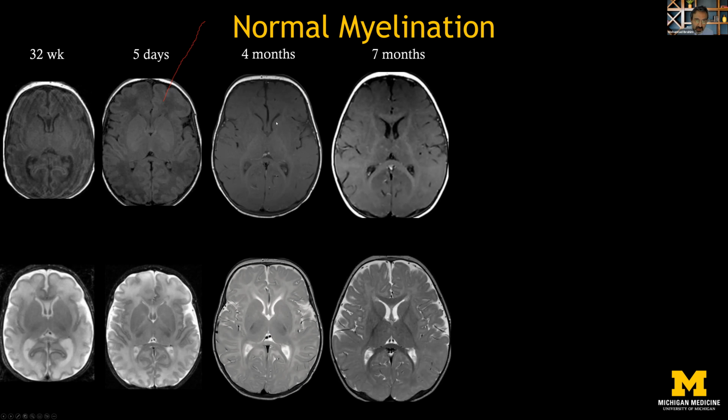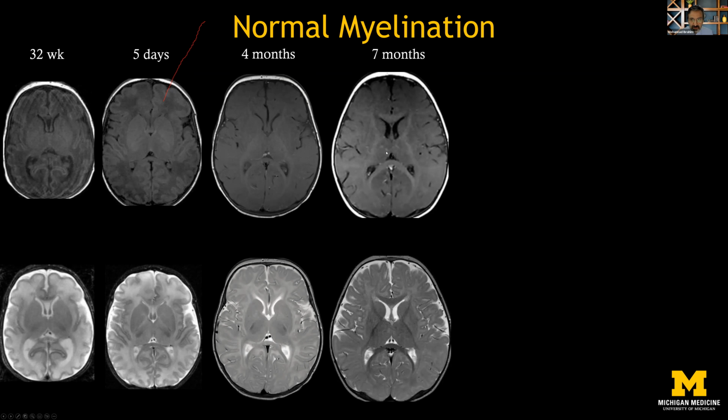Again, as I mentioned, the myelination on T2 lags approximately 3 to 4 months compared to the T1 weighted images. So you can see on the T2 there's still a lot of bright signal related to unmyelinated white matter, compared to the T1 weighted images, where you can see larger areas representing myelinating white matter.